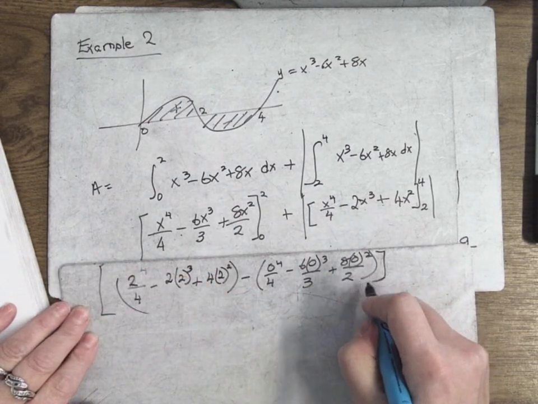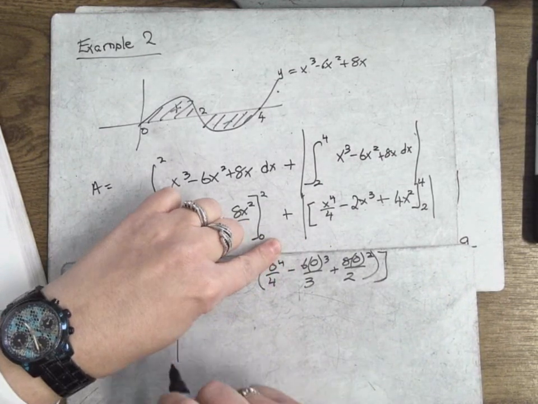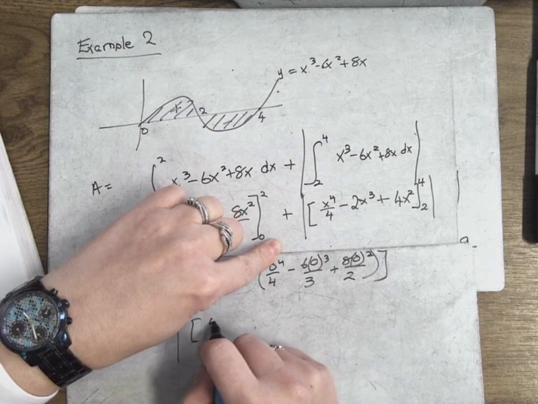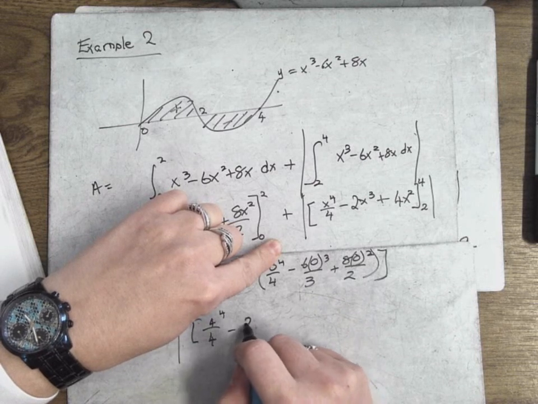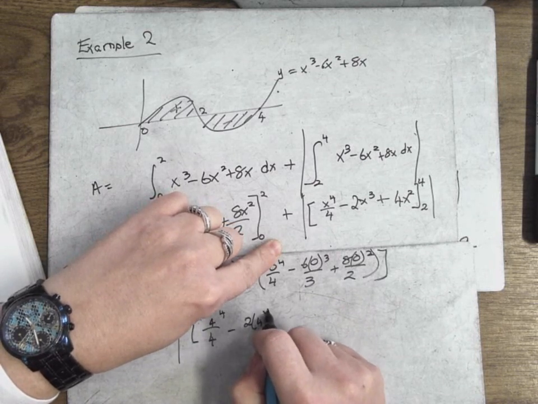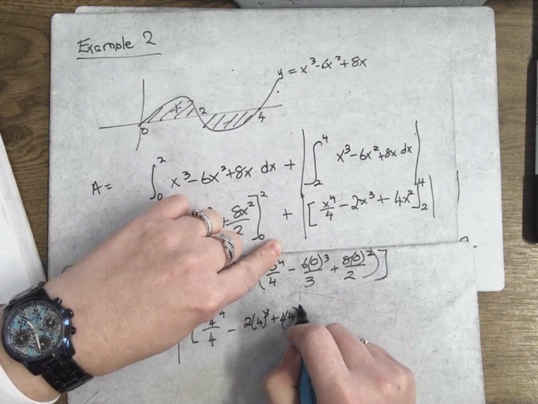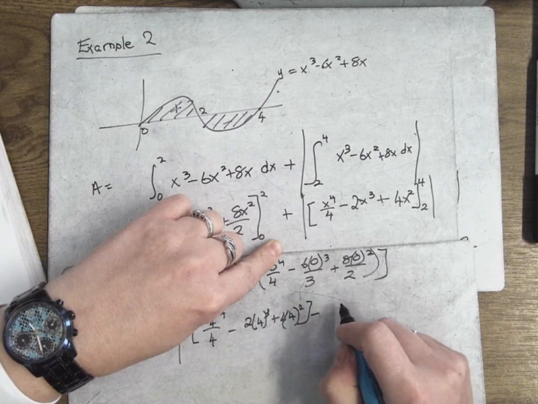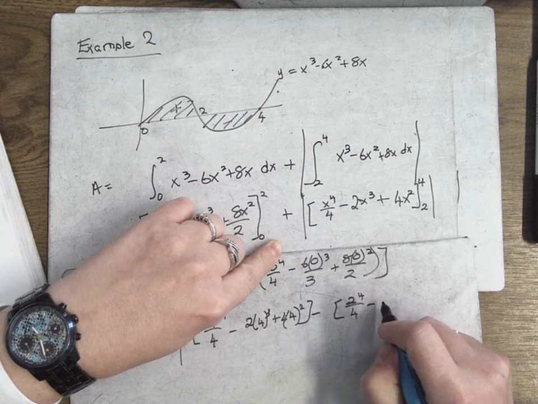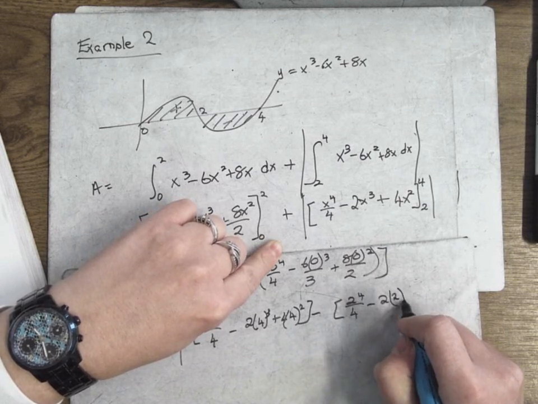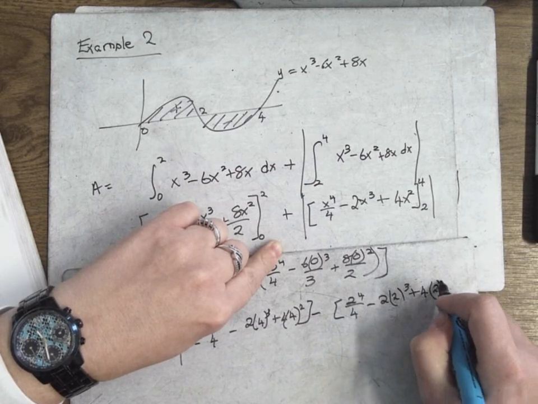And then you want to add on the positive value of the second bit. So the second bit would be 4 to the power of 4 over 4 minus 2 times 4 cubed plus 4 times 4 squared, minus 2 to the power of 4 over 4 minus 2 times 2 cubed plus 4 times 2 squared.